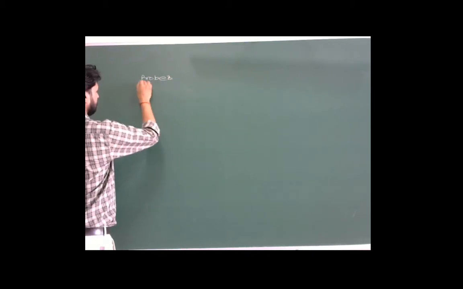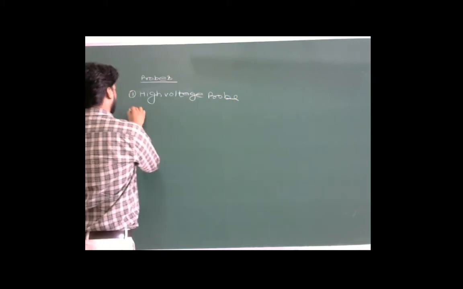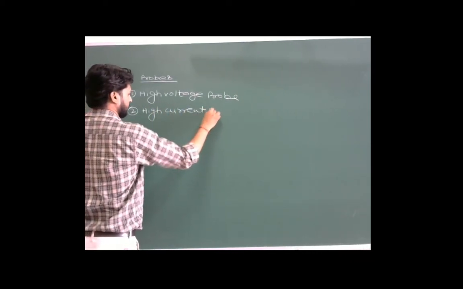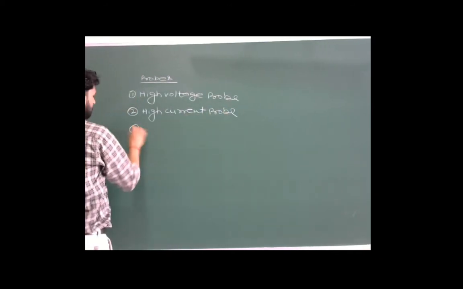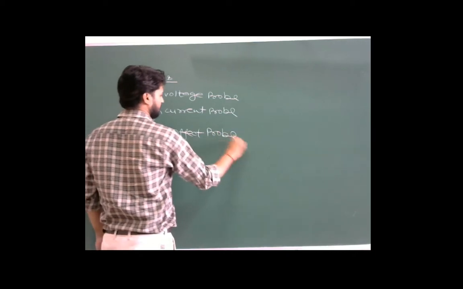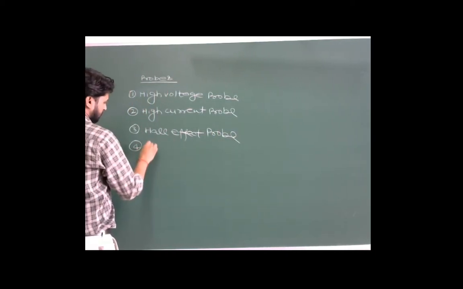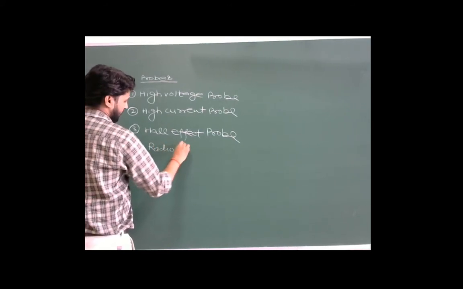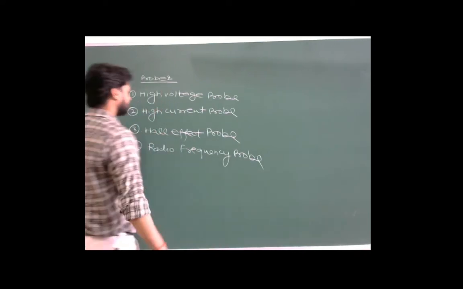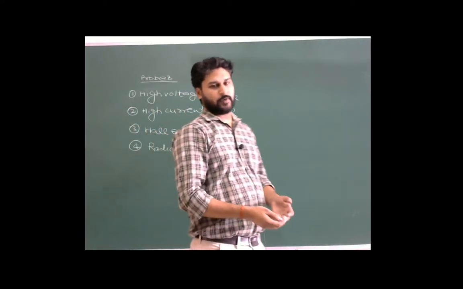Multimeter probes are of four types: the first one is the high voltage probe, the high current probe, the Hall effect probe, and another one is the radio frequency probe or RF probe. So these are the probes used for different applications.